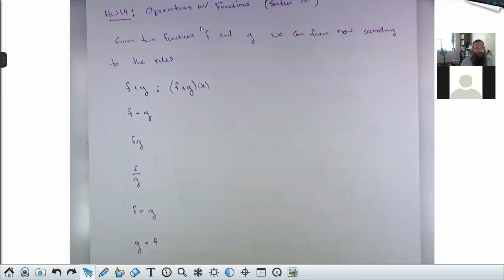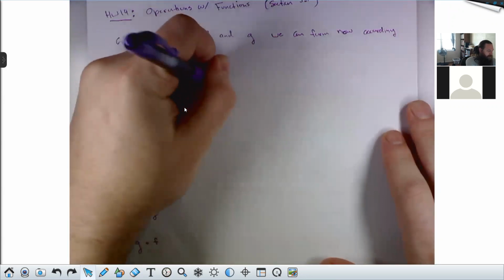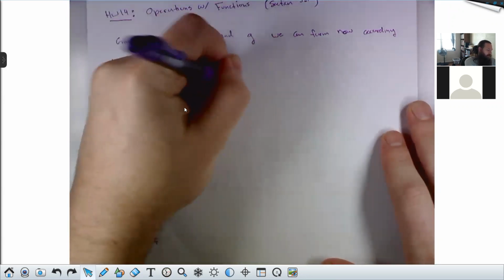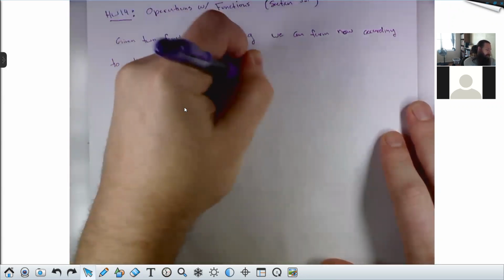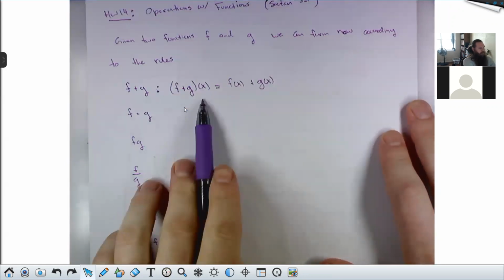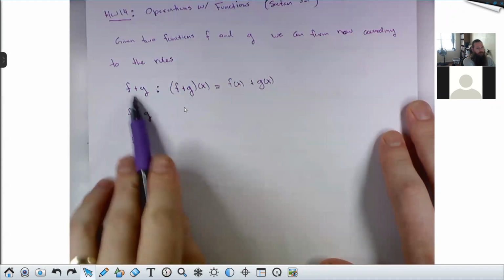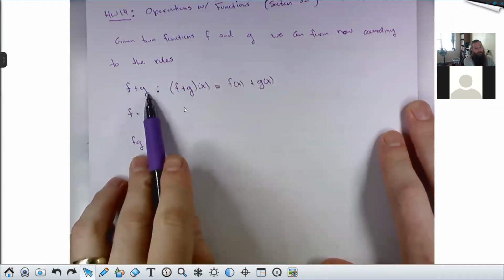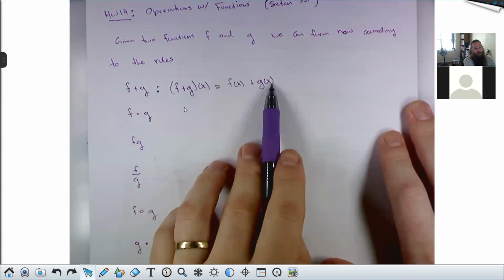And the idea here is that we know the functions f and g. F and g are given to us. So I want to form this new function out of them. The way we do that is by saying, f plus g of x is just f of x plus g of x. So if I want to know what the function f plus g evaluated at x equals 5 is, then I take f of 5 and I add that to g of 5.